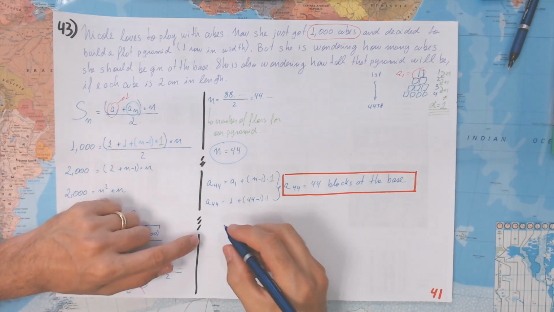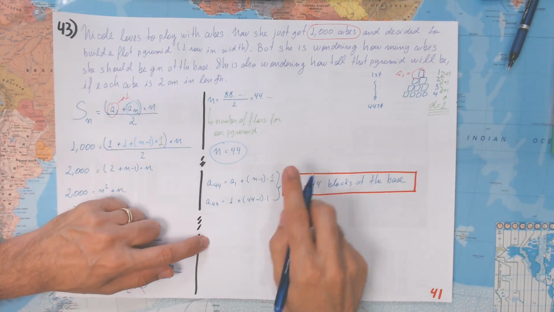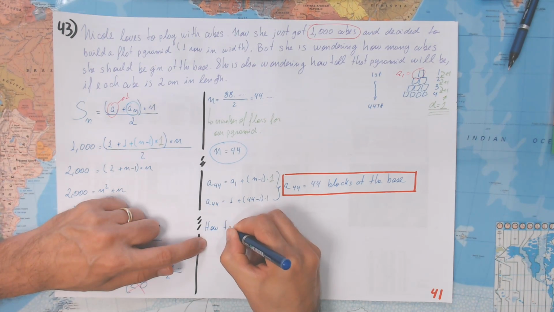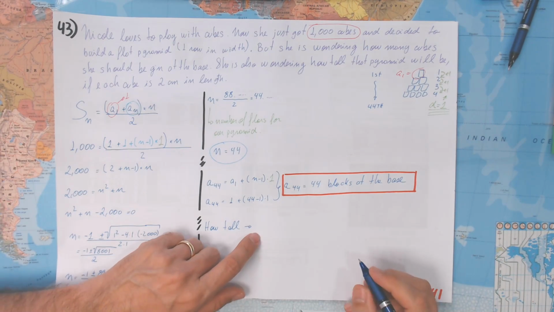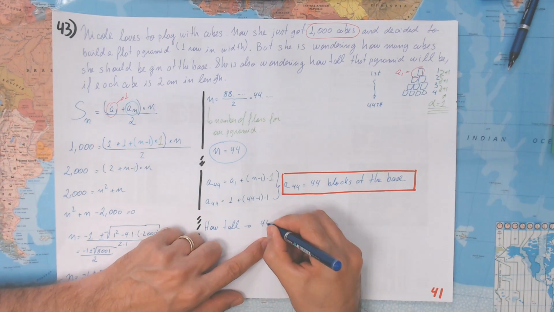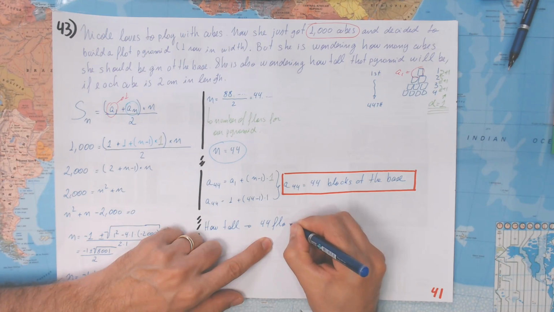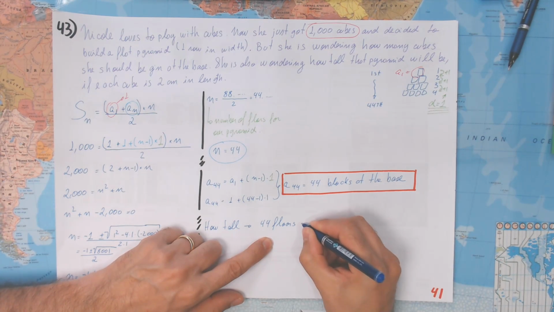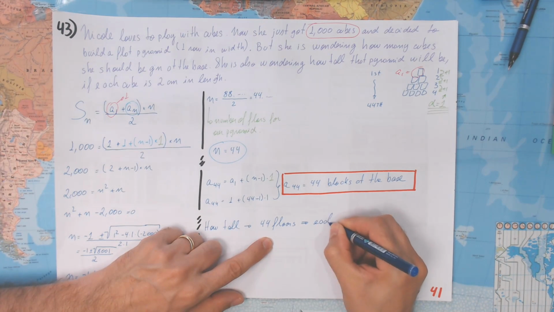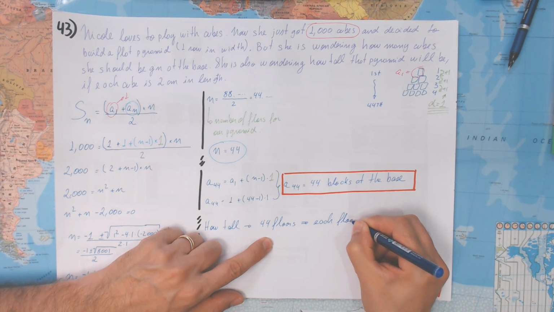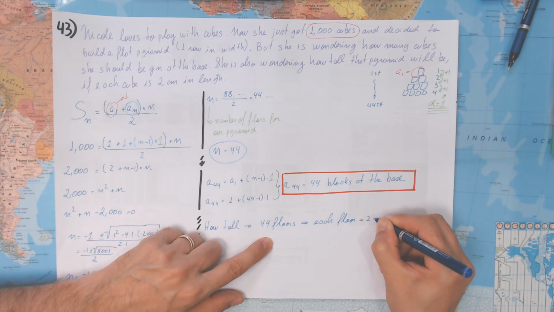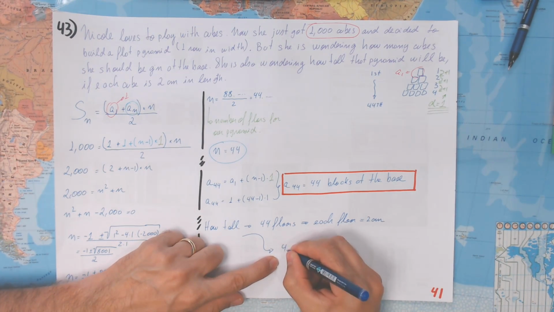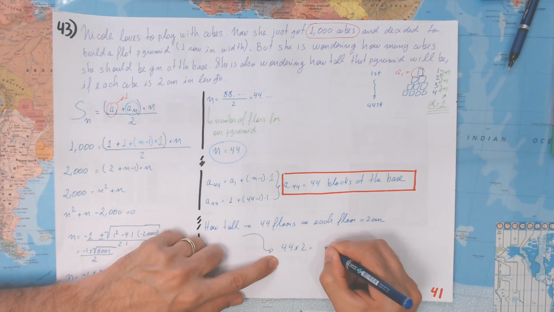No, it's not. How tall? Well, we're going to have 44 floors, right? Each floor measures 2 centimeters. Therefore, the total is going to be 44 times 2.